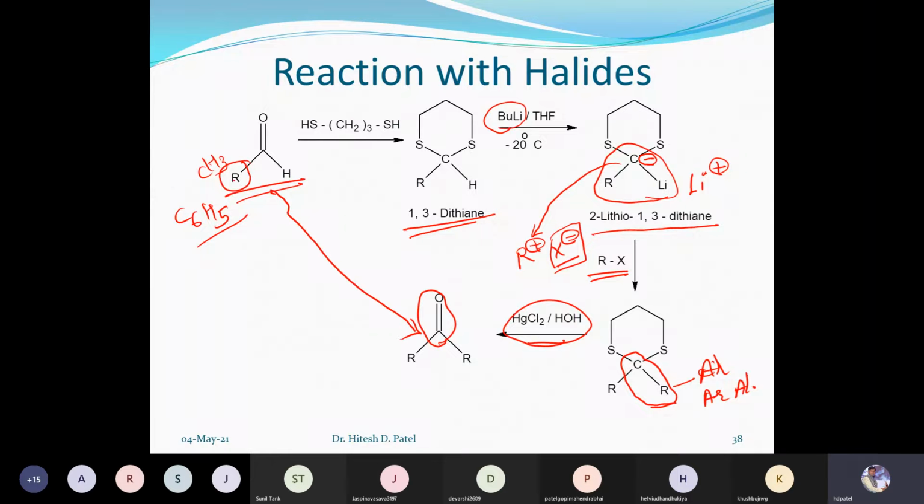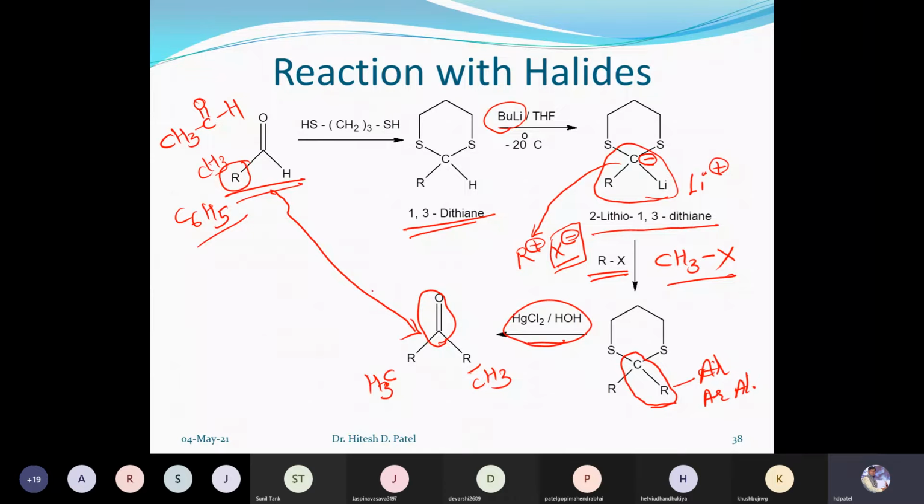If we start with R equal to CH3, that is acetaldehyde, CH3CHO, and RX equal to CH3X, methyl chloride, then finally we get CH3 over here and CH3 over here. So from acetaldehyde we have prepared acetone. It is a direct conversion of aldehyde to ketone.